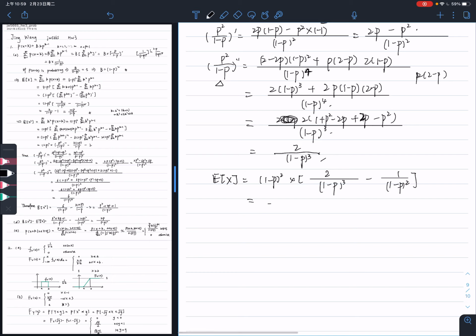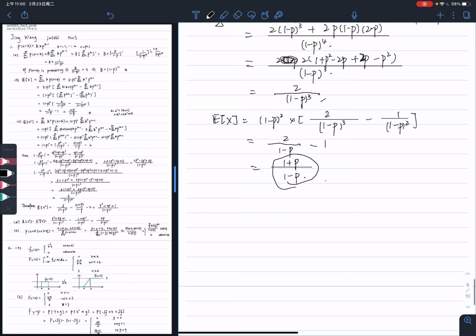So this is 2 over (1 minus p) minus 1, which is (1 plus p) over (1 minus p). So now we got the expectation of variable x.